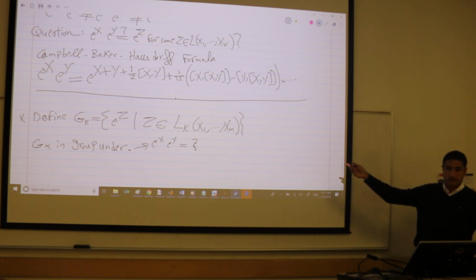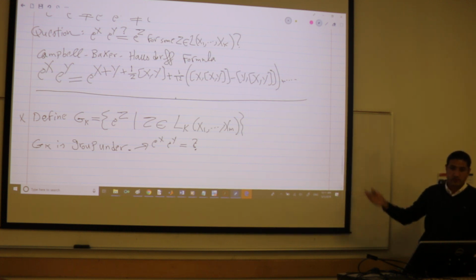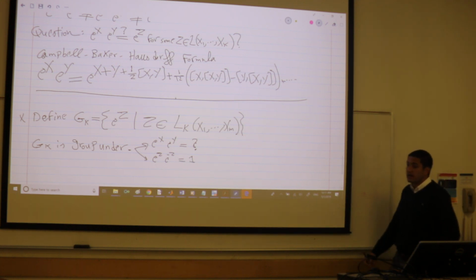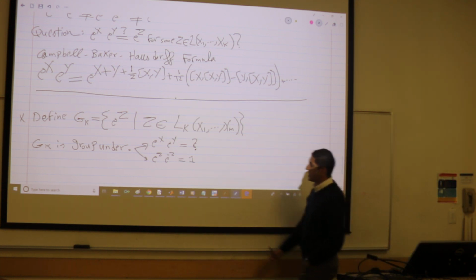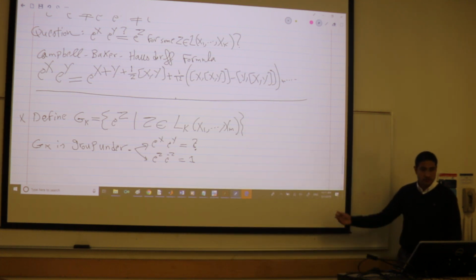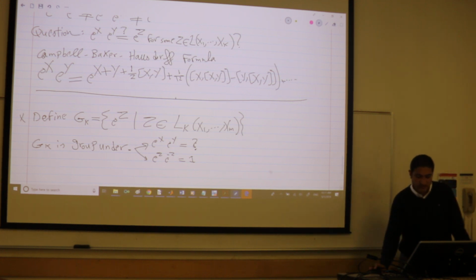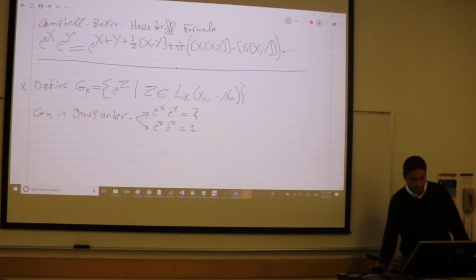Why? This is the Campbell-Baker-Hausdorff formula. So this is really closed under multiplication. And it's easy to show we have an inverse element and identity element for the multiplication. So yeah, it's a group. It's actually a Lie group because it's a group and a manifold, but we'll not go in this direction.